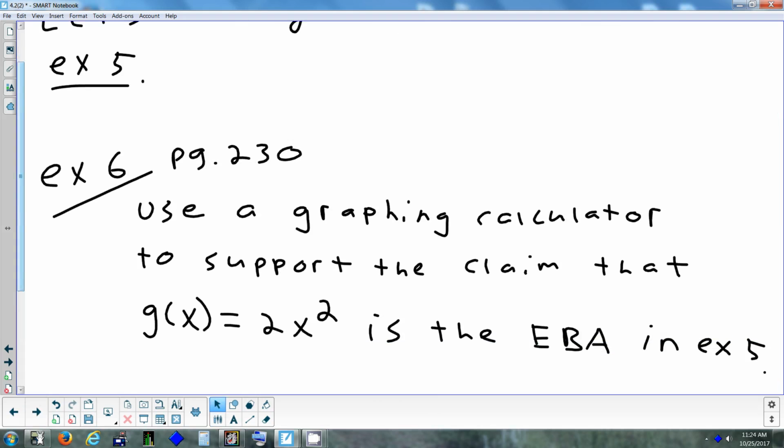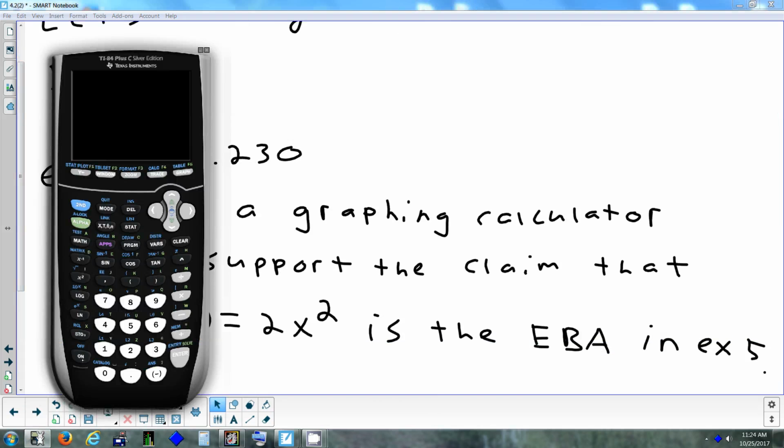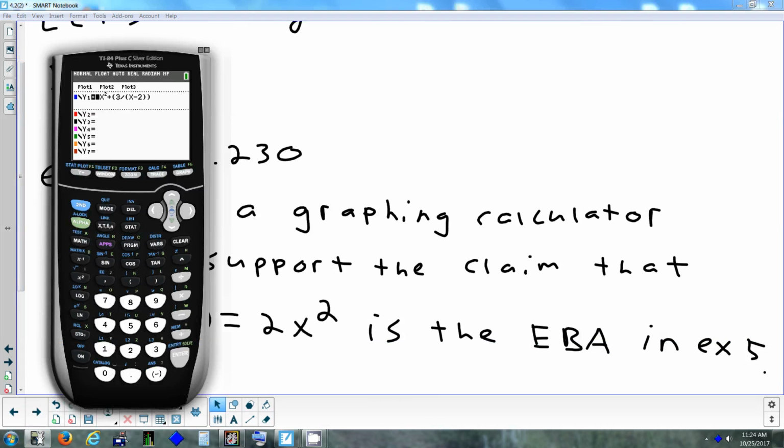All right, so we had 2x cubed minus 4x squared plus 3, and we're going to divide by x minus 2.